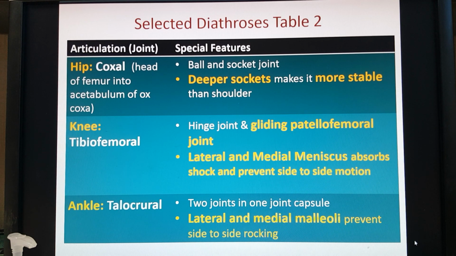Remembering stuff from the bone exam, our fibula has the lateral malleolus and your tibia has your medial malleolus, and both of those overhangs of those bones actually prevent side-to-side rocking, helping to stabilize your ankle.